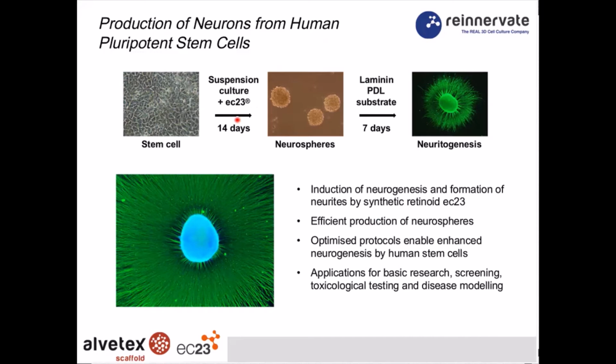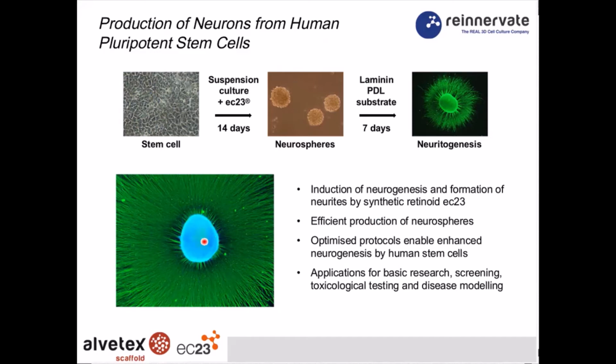We make neurospheres, and then we plate those neurospheres either in 2D or, as I'll show you in a moment, in 3D. And these neurospheres are highly reproducible, and they produce very large numbers of neurites. And you can see those neurites here radiating from the population of neuroprogenitors.